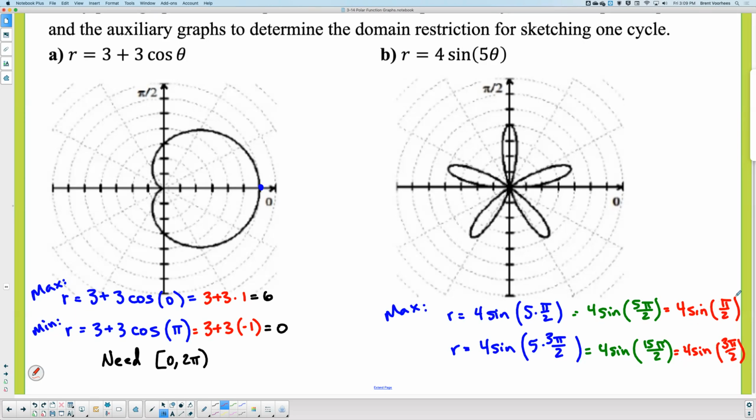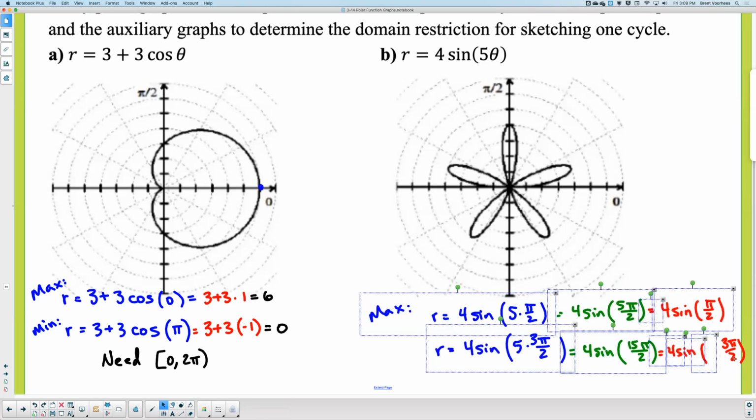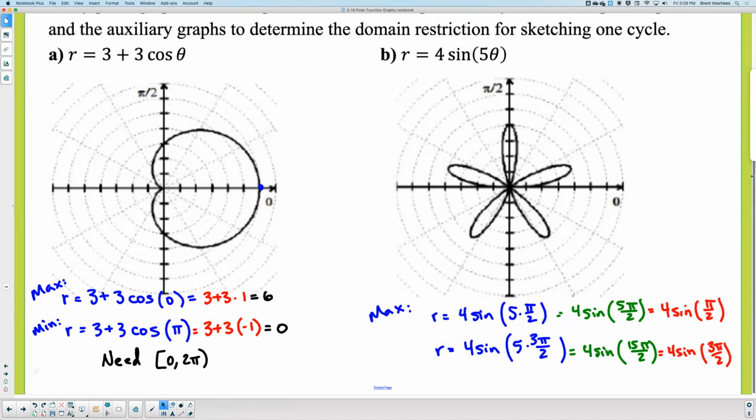Now what you'll notice is at pi over 2, sine is 1, so this is 4 times 1, which equals 4. I never wrote min down here.